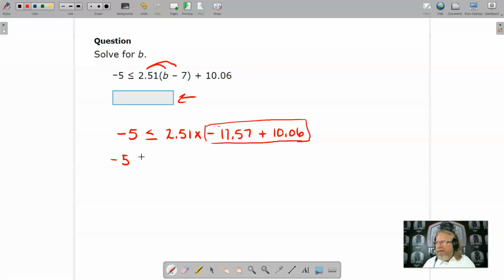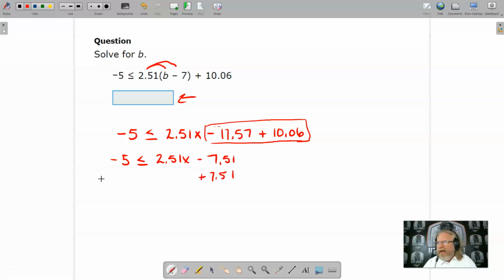So I'm going to bring my negative 5 less than or equal to 2.51x, which is really b. And I have on my calculator now a negative 7.51. Now I want to get rid of this negative 7.51 by adding 7.51.